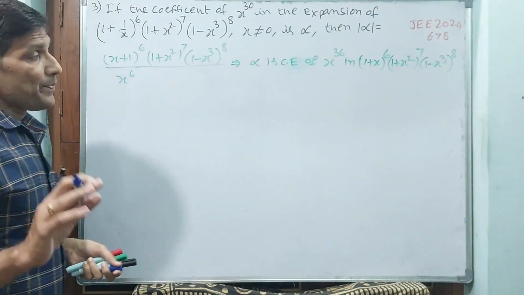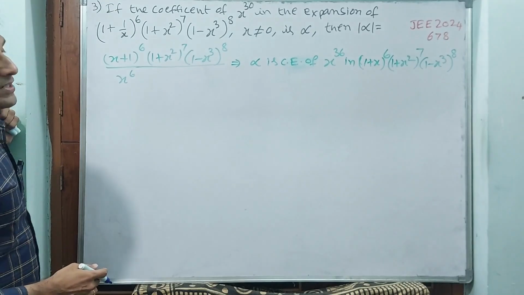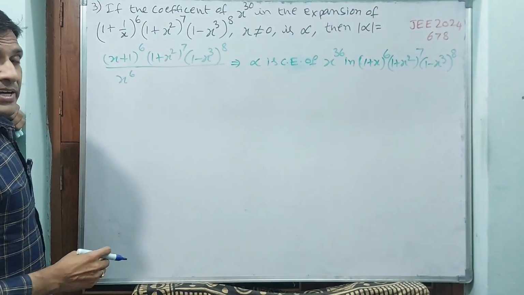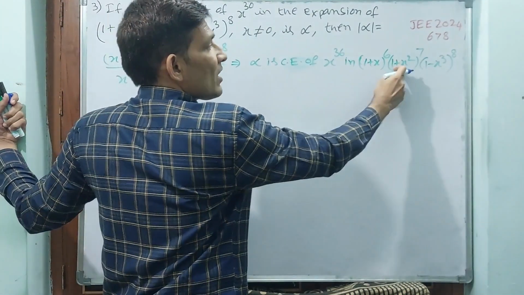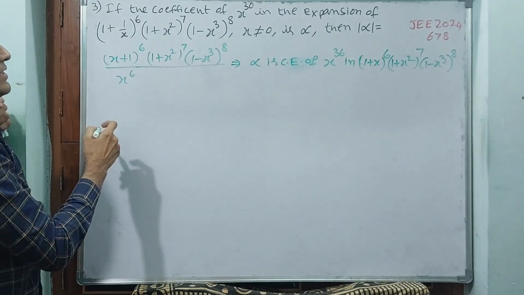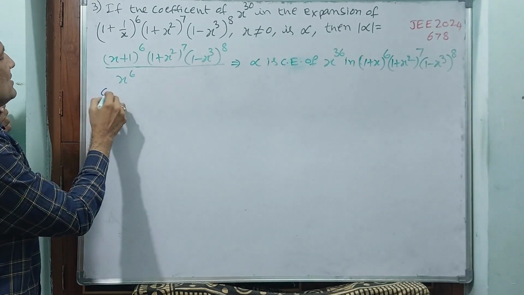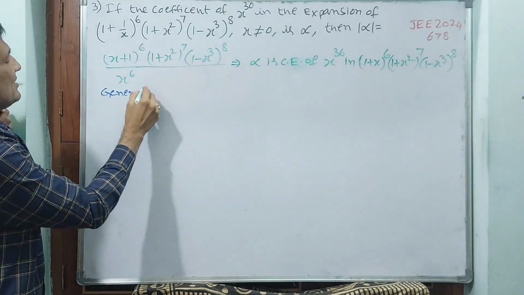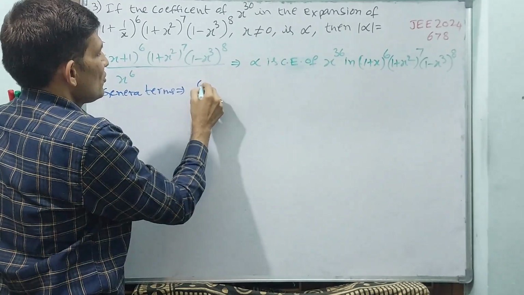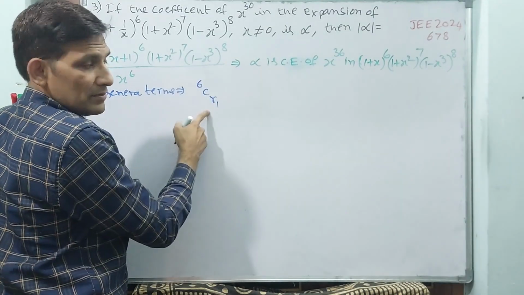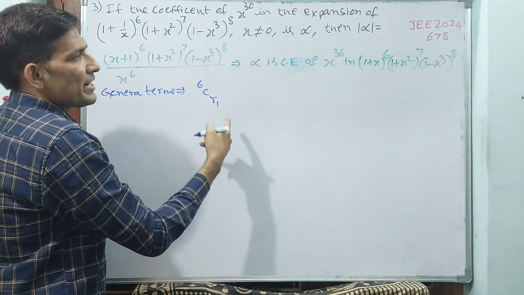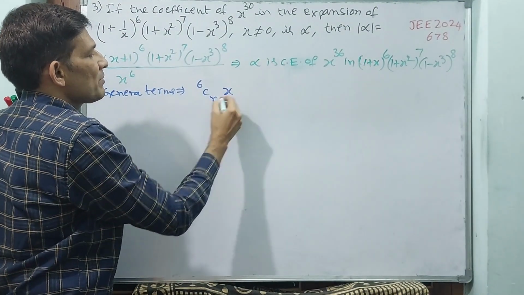Okay, now let us first write a general term for each one. In writing the general term, all three are different, that is why I will take r1, r2, r3. See, general term I am writing. First one is 6C r1, and 1 power 6 minus r1 I need not write, but x power r1 I will write.